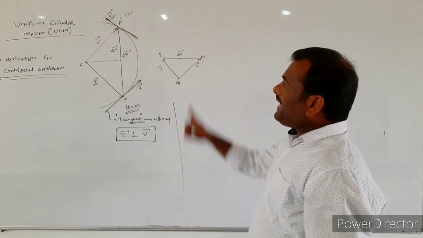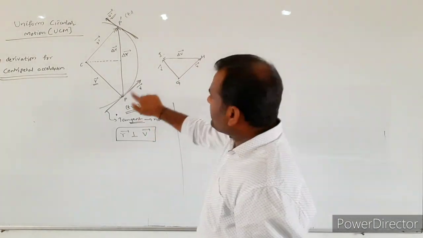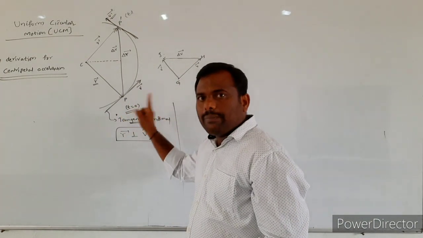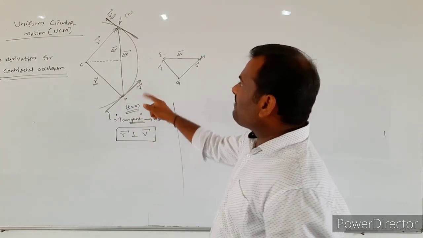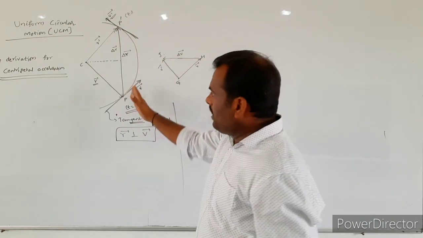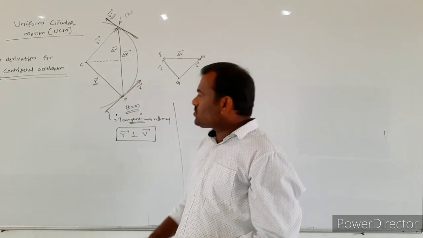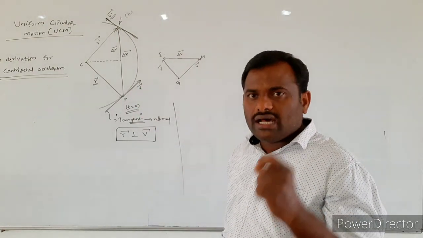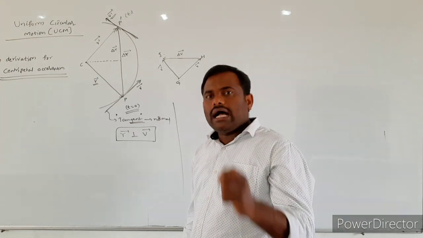Because at t equal to 0, the particle is at point P, after t seconds the particle will be reaching the point P dash. So the position of the particle changes. So the displacement vector will be drawn from where to where? Initial point to the final point.